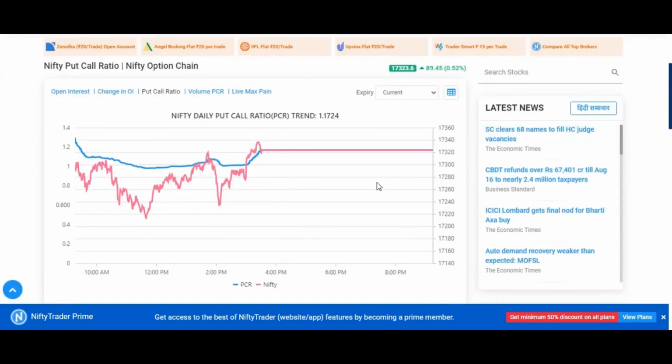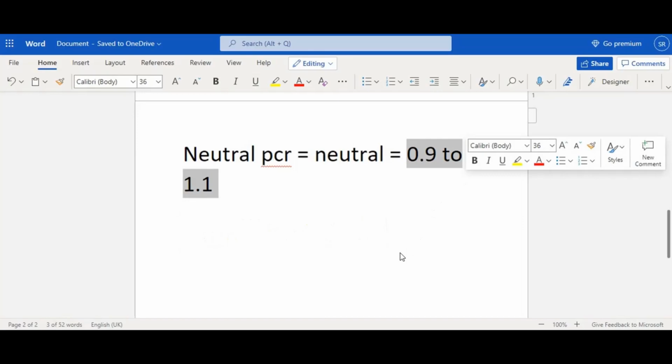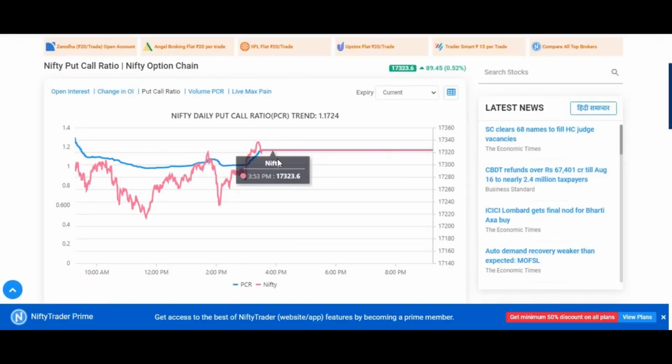Or you can even use the Sensibull app if you have the premium subscription. It needs a premium subscription to display PCR, but Nifty Trader is free. So right now, as you can see, the PCR is 1.1, which is our neutral zone. Current market PCR is pretty much neutral.